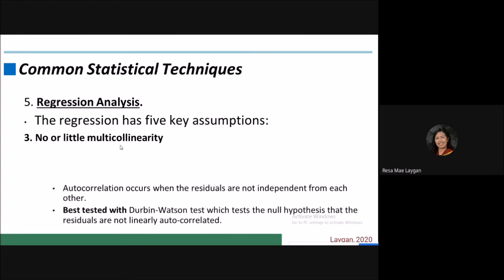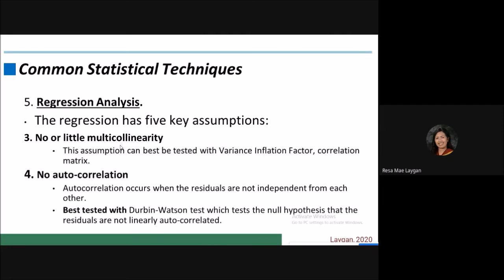Another is no or little multicollinearity. Multicollinearity is a phenomenon in which one predictor variable in a regression model can be linearly predicted from the others with a substantial degree of accuracy.